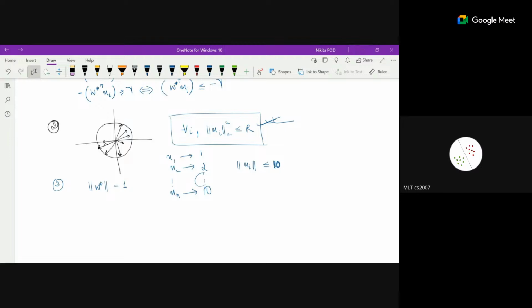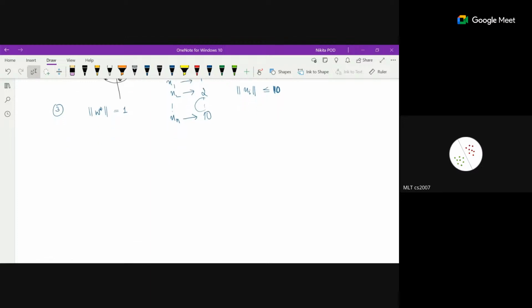I will just give you the result that we get in the proof. The number of mistakes that the perceptron algorithm will make is upper bounded by R square by gamma square.